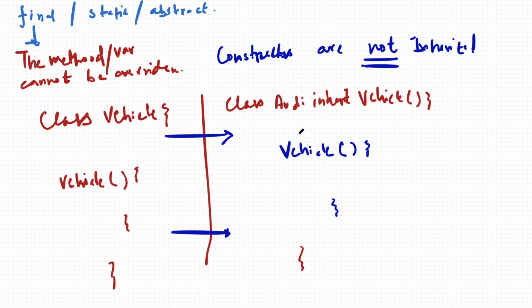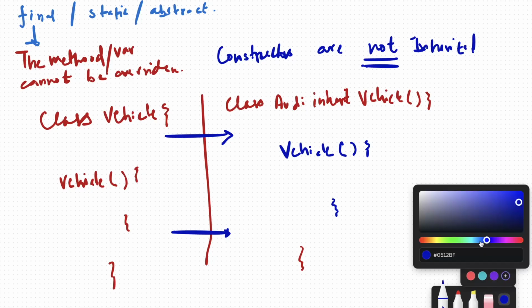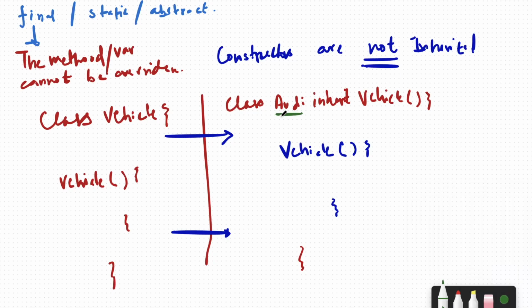Okay, so first of all, the first problem which you can see over here, if this constructor gets inherited, is: what is the class name? The class name is Audi. So what will be the name of the constructor of this class? The name of the constructor of this class will again be Audi, right?